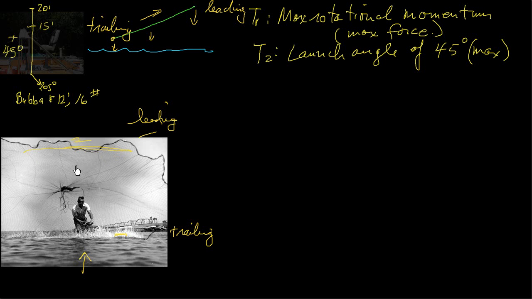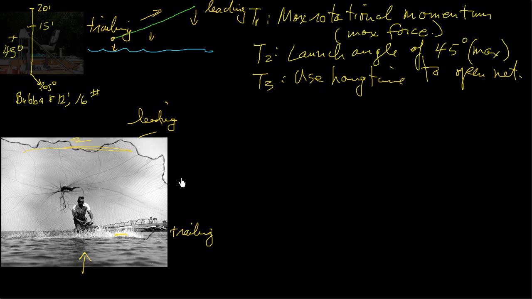Of course, at a higher elevation, such as throwing off a dock or a boat deck, the net has more time to open, so less of an angle is required. So we could say then, for technique number 3, use hang time to open the net.